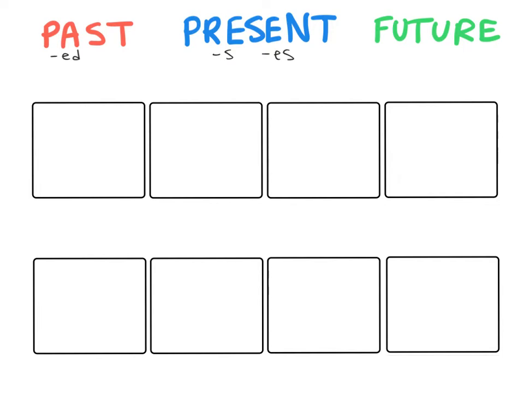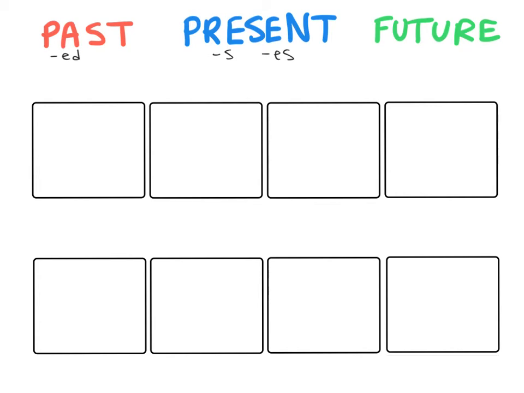So we know that if it ends in s, x, sh, ch, ss, all of those rules that we learn for plural nouns, that's basically the same thing that we're going to use for present tense verbs. So if it ends in a ch, I'm going to add es to make it a present tense verb, okay?